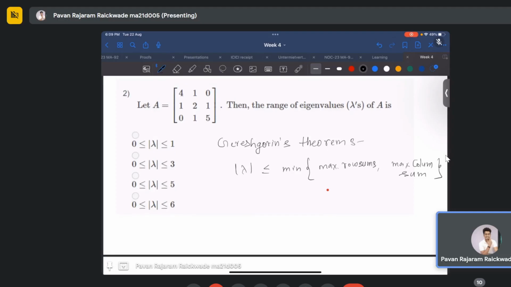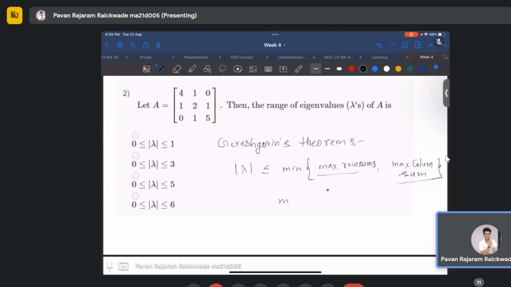That's the one explained in the class. Yes, sir. But now you apply the same theorem on A transpose, because the set of eigenvalues of A and A transpose are the same. Hence, it cannot exceed the maximum of row sums as well as the maximum of column sums. That means it cannot exceed the minimum of those.